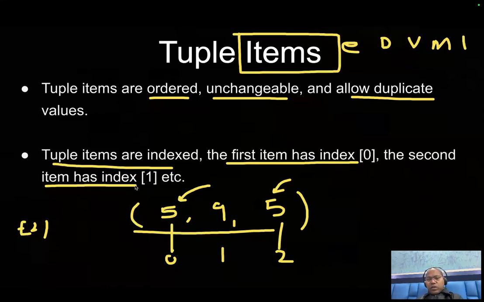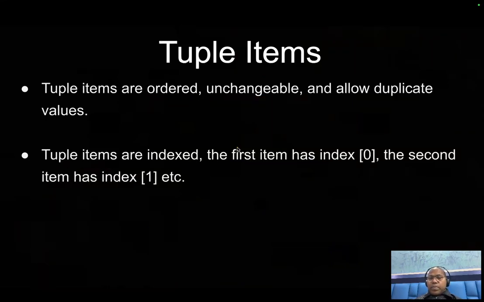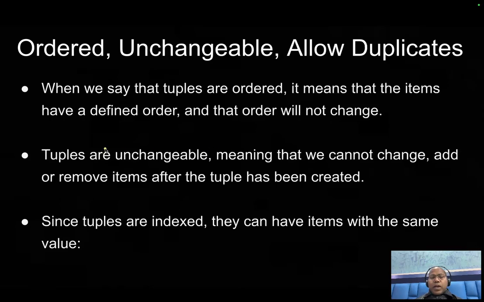So it is similar to the list, the only major plus point is that a tuple is an unchangeable, immutable kind of data structure. And as we said, it is ordered, unchangeable, and allows duplicates. So tuples are ordered.